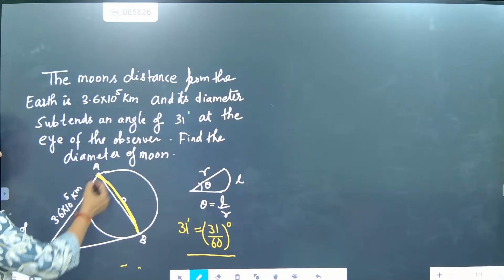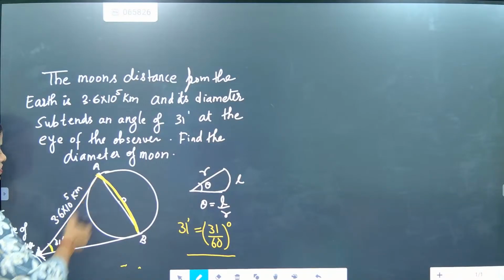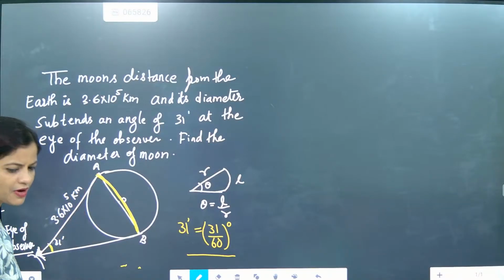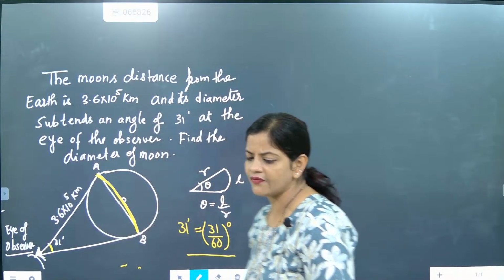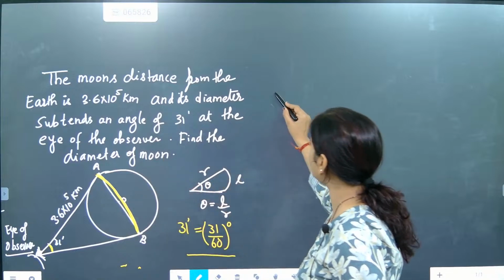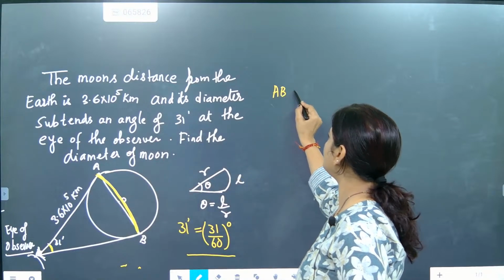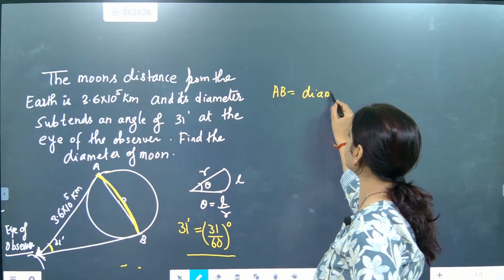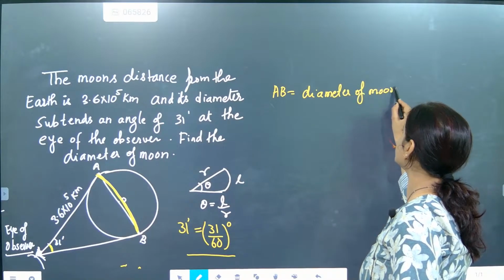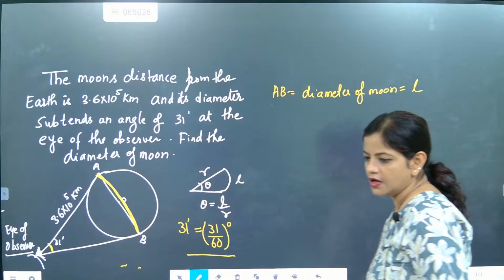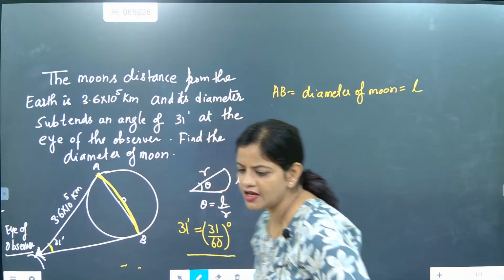So now we also know the distance between the moon and the observer, so this will become the radius. Now we have the angle, we have R, and the arc length. Our arc length here, AB the diameter of the moon, we will take as L due to the distance.